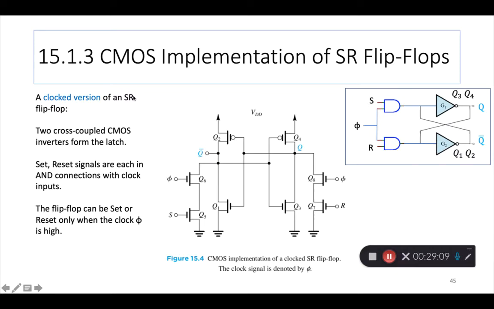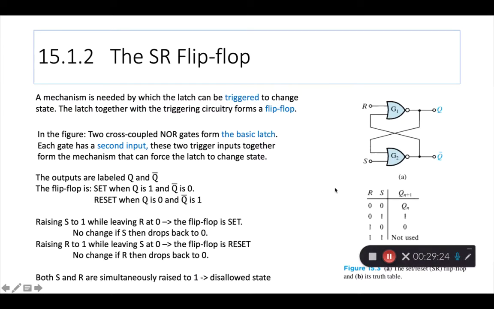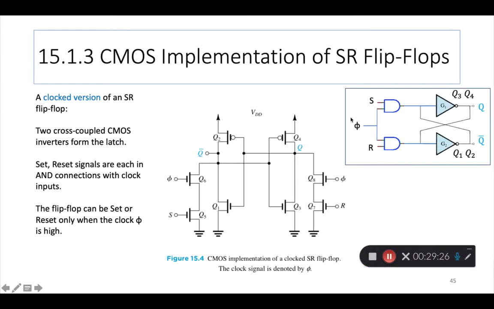But in this topic called CMOS implementation of SR flip-flops, here in our textbook, we are shown a definite CMOS implementation. But instead of just taking a basic flip-flop, what they have done is they've added a clock also. So it's slightly more complicated than a simple SR. This is now a clocked flip-flop, a clocked SR flip-flop.